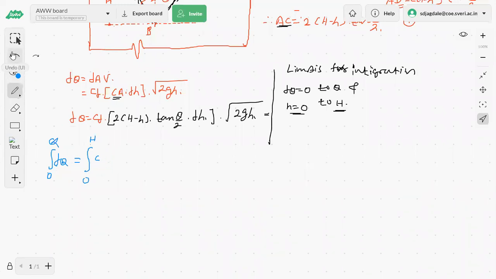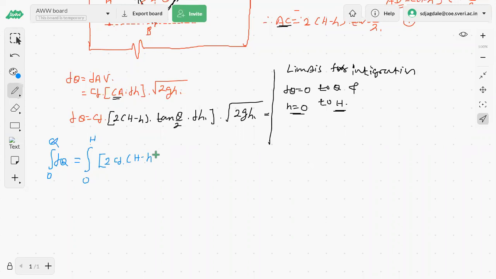सर्व constant term आपण एका साइडला घेऊयात. So I will take in the bracket as 2 times Cd into (H minus h). There is the differentiation.